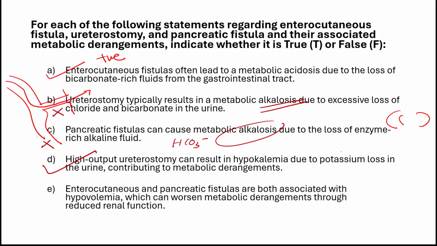Because of the intracutaneous fistula and the pancreatic fistula, there can be excessive loss of fluid, which can cause hypovolemia, reduced ECF volume. So both are associated with hypovolemia. That's true, which can worsen metabolic derangements.